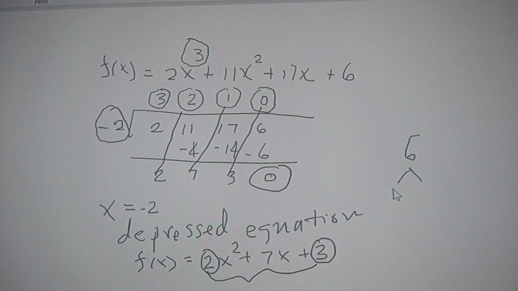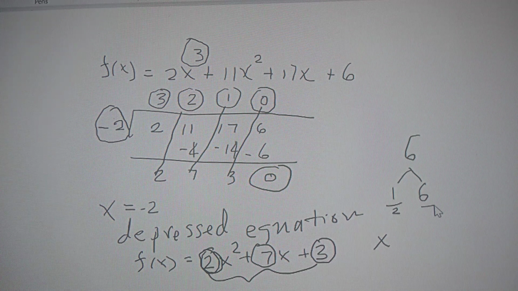What are the factors of 6? 1 and 6, which gives you 6 plus 1 is 7. There it is. So x, now we need to divide each one by 2 and change the sign to the opposite.